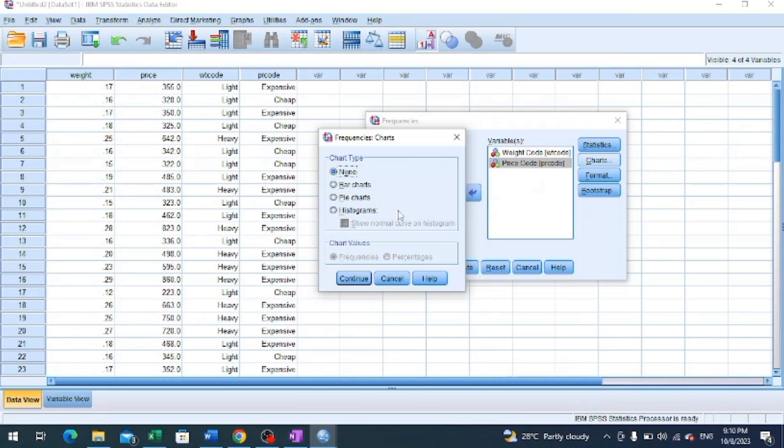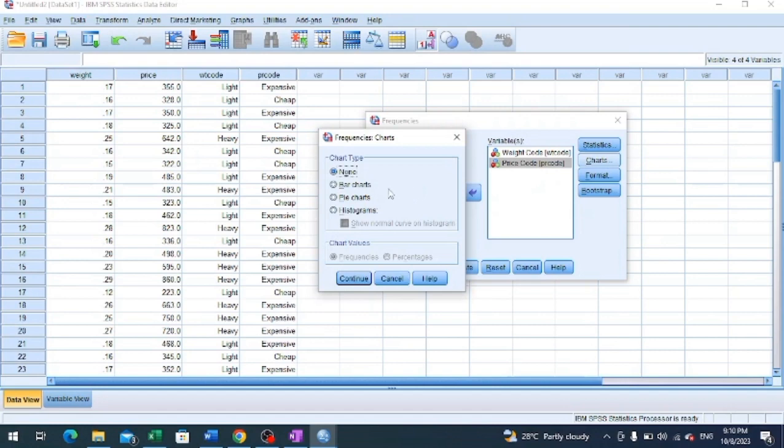Histograms we go for only when our variable is a quantitative variable. So let's take an example of two variables, marks of students and their grades. As far as marks are concerned, marks is a quantitative variable, whereas grades are qualitative variables or qualitative categories.